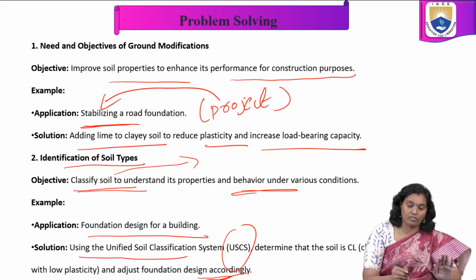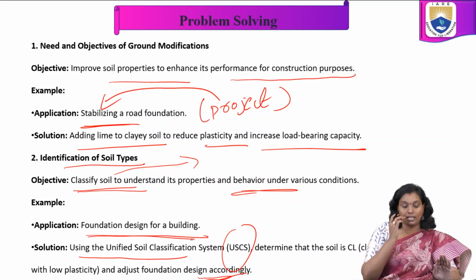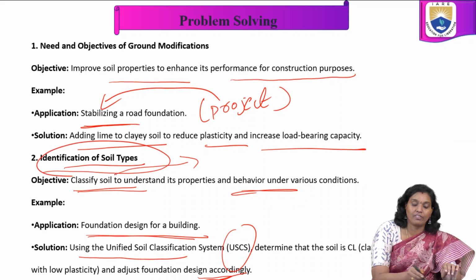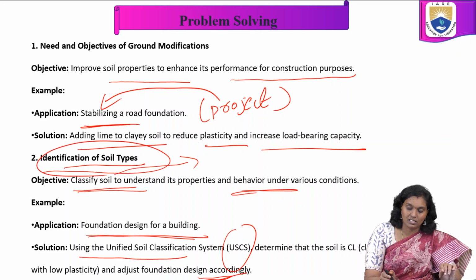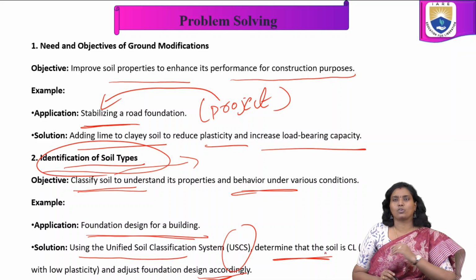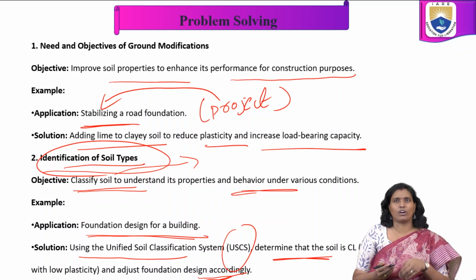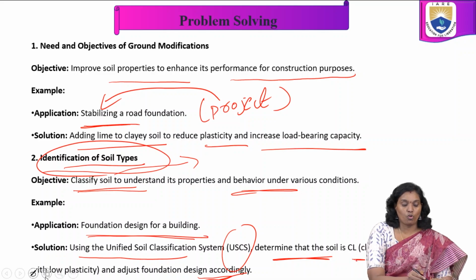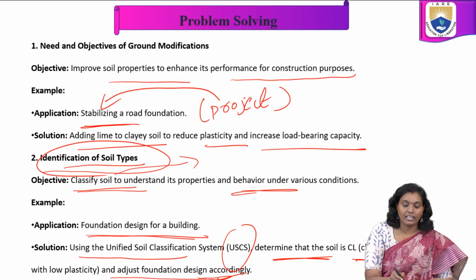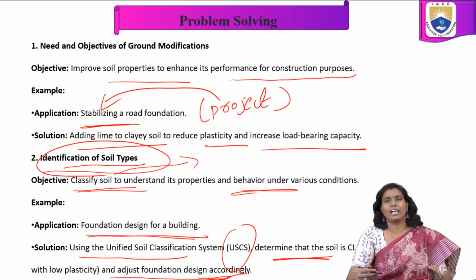So according to the identification of the soil type using the desired laboratory tests, we understand the soil type, whether it is clayey or whatever it may be. For example, clayey with low plasticity means we need to adjust the foundation design accordingly.